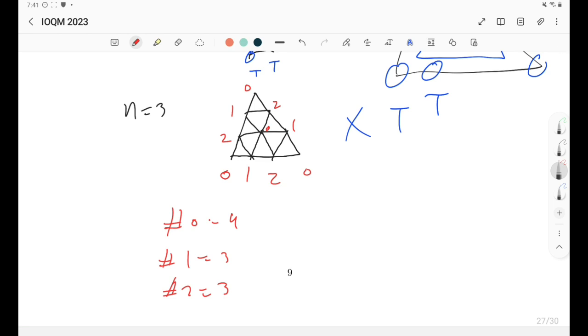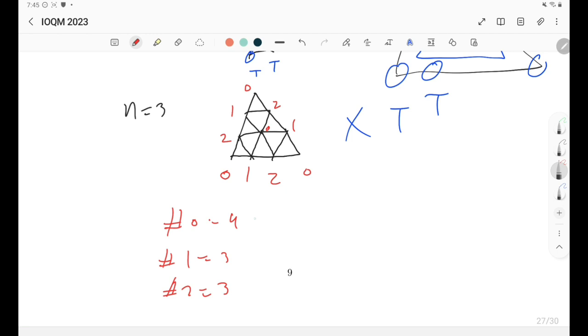But each time we click on any triangle and flip the coins there, the numbers of zeros, 1s and 2s, which originally were 4, 3, 3, change.